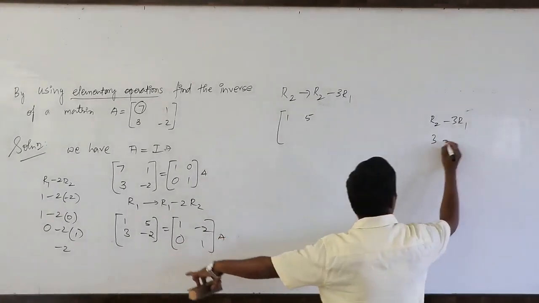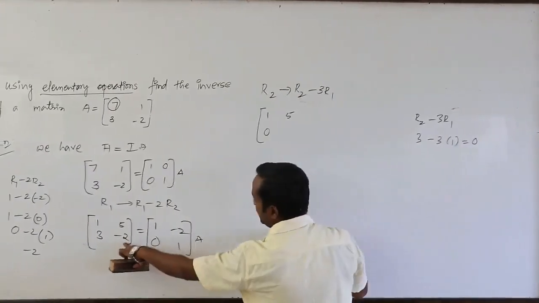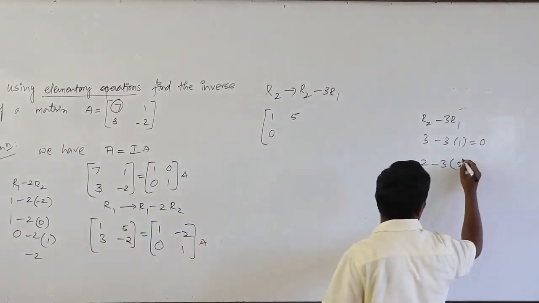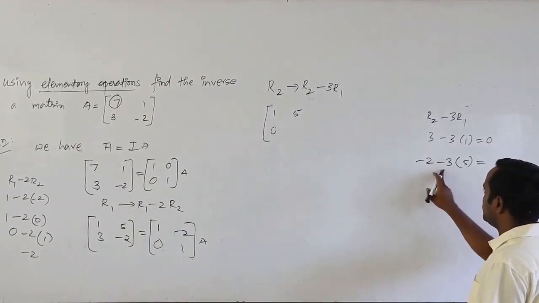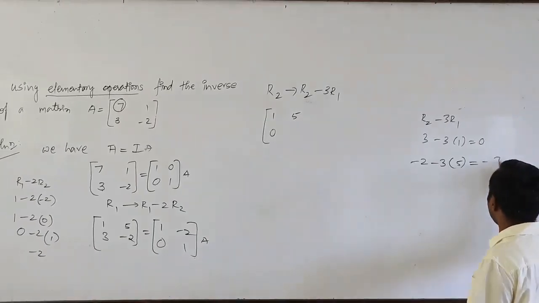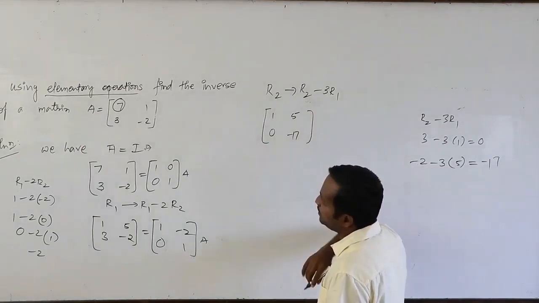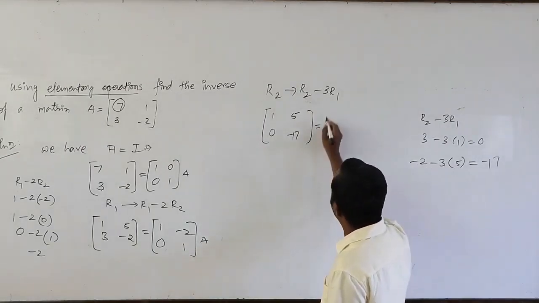R2 is 3 minus 3 into 1. It becomes 0. This is 0. Minus 2 minus 3 into 5. So what happened? Minus 5 by 3 is 15 minus 70... I hope you will get it. Minus 70, very big number. 7 minus 14. Right, correct it is.